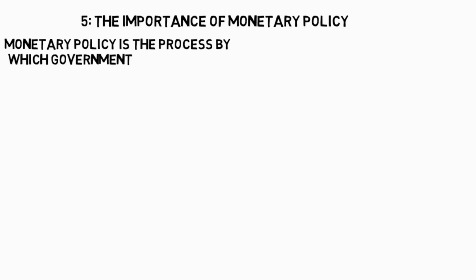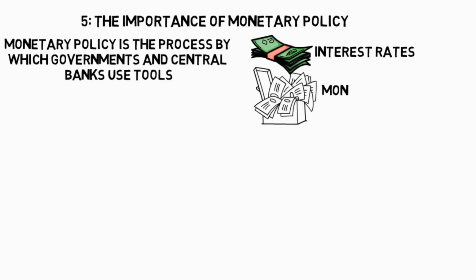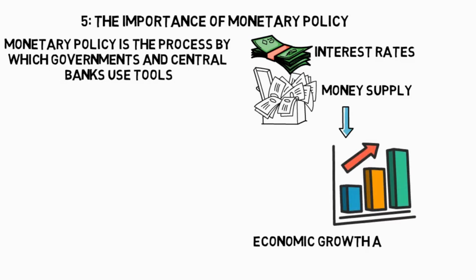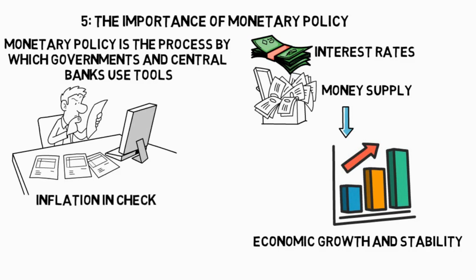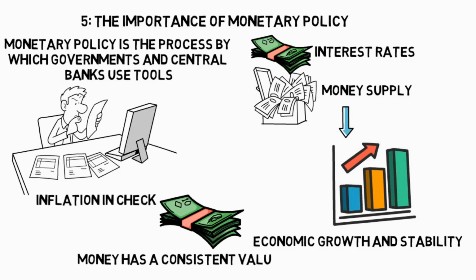Number 5. The importance of monetary policy. Monetary policy is the process by which governments and central banks use tools, such as interest rates and money supply, to manage the economy. This can help to promote economic growth and stability by keeping inflation in check and ensuring that money has a consistent value.